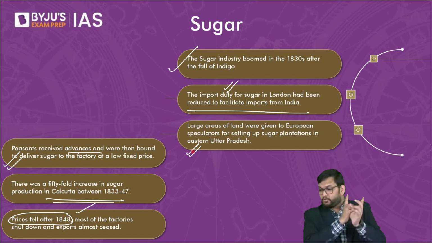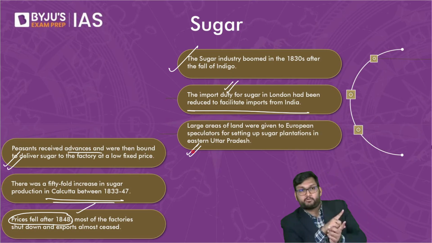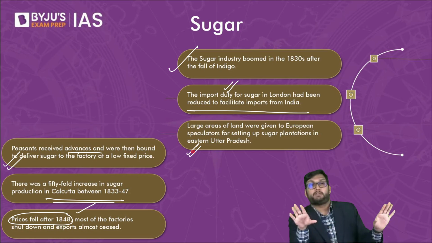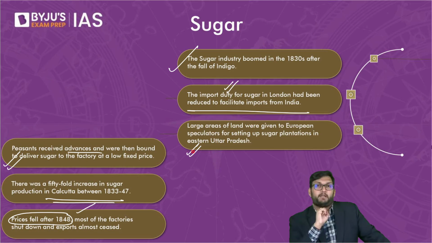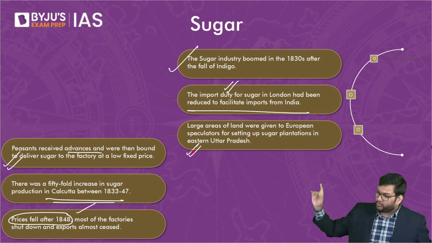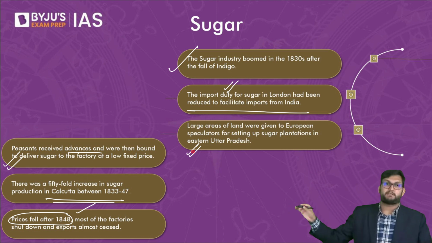But if a European produces sugar, there's no import duty. This is the level of discrimination which they are actually doing. Our own produced sugar is not allowed, but these Europeans can sell theirs for a much lesser price.